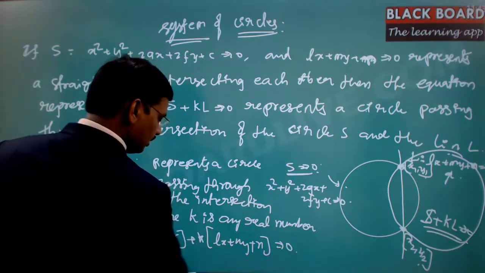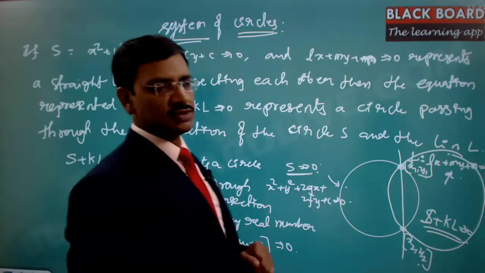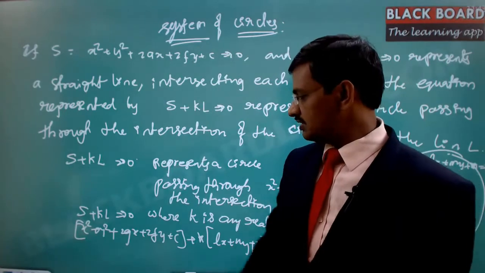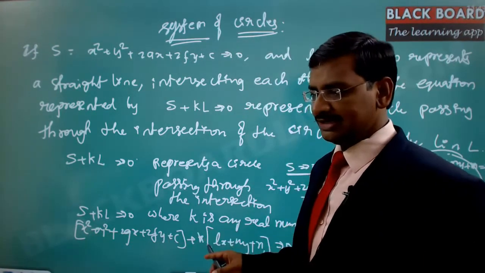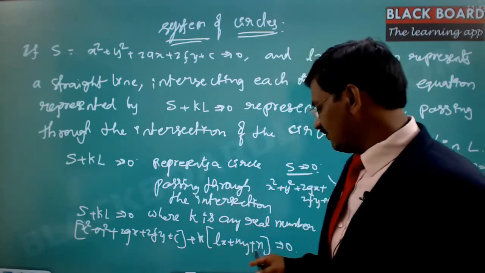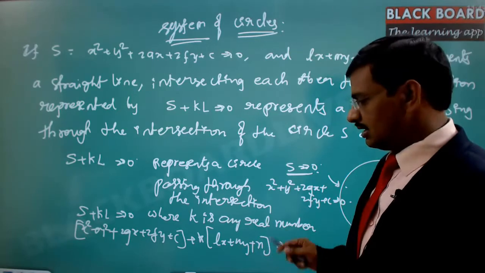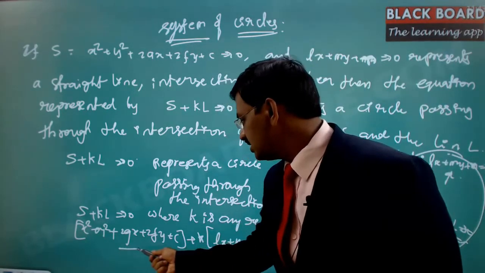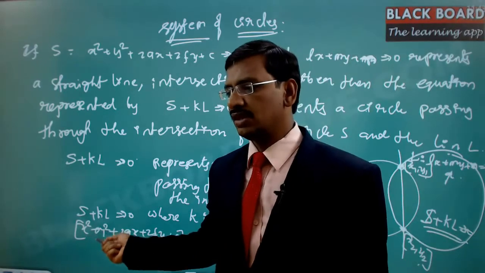Now if you notice, this equation is a second order equation, x square plus y square plus 2gx plus 2fy plus c. Even if we add this K times Lx plus my plus n, there is a change in the values of g, f and c. There is no change in the coefficients of x square and y square here.